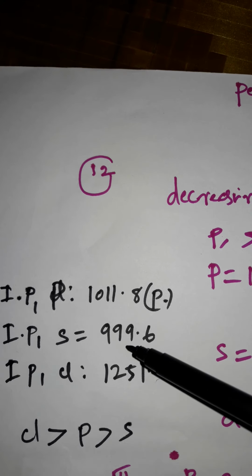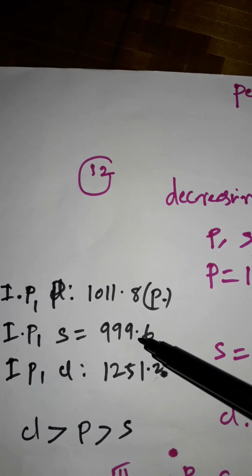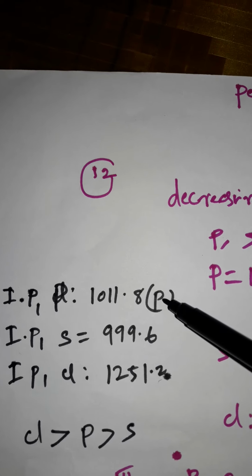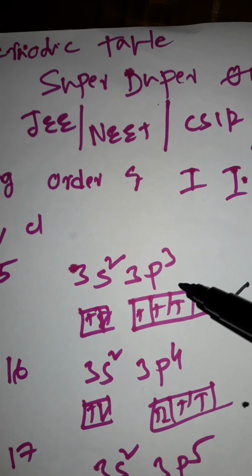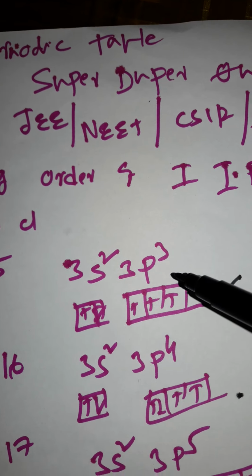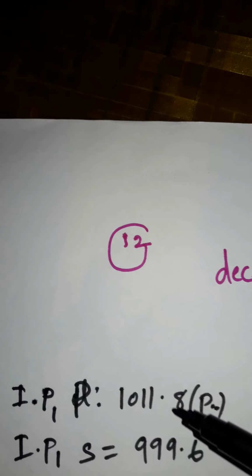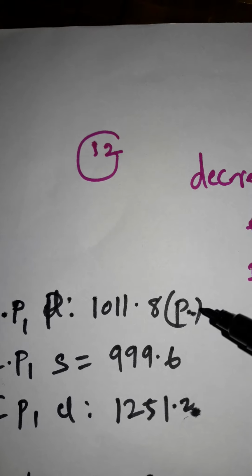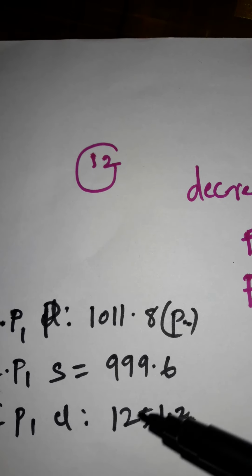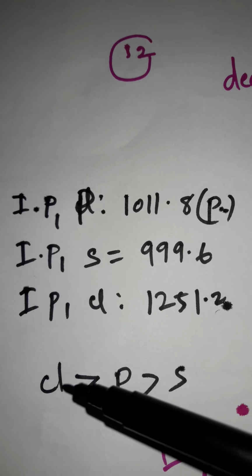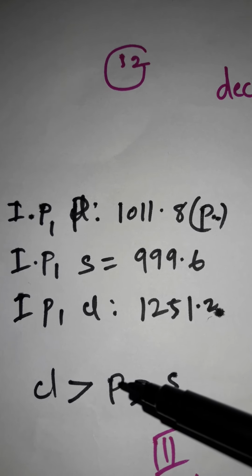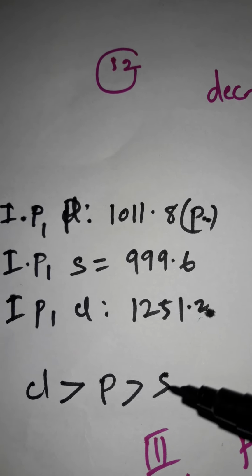Next, actually you would write sulfur, but why has it deviated? Phosphorus has a half-filled configuration, so it is more stable with more IP, for which phosphorus has 1011.8, and the next is sulfur. So kindly keep it in mind. Chlorine IP is greater than phosphorus, which is greater than sulfur.